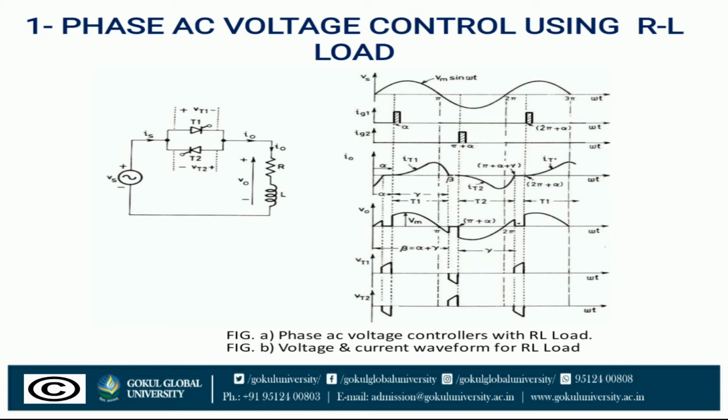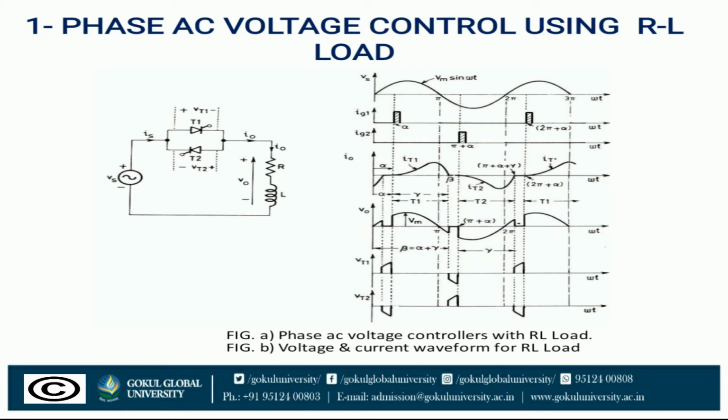So Vm fully appears at the output voltage. On reaching pi, conduction continues up to pi plus the angle beta. Then from beta to pi plus alpha, nothing will conduct. Then again at pi plus alpha, the reverse thyristor T2 will conduct, and so on.